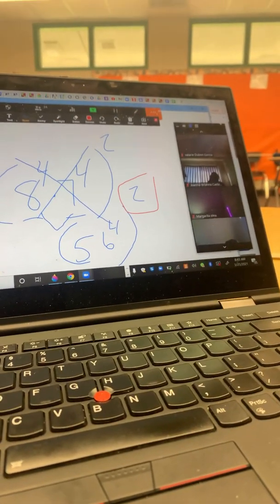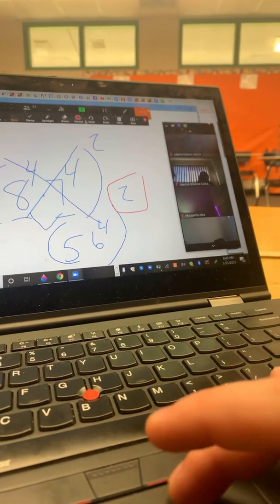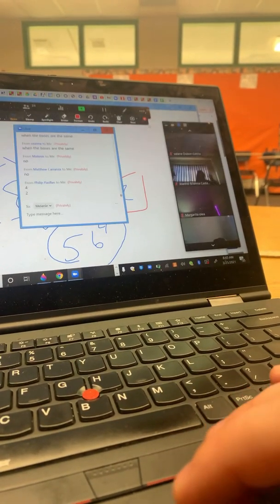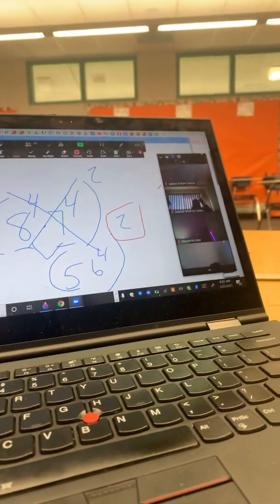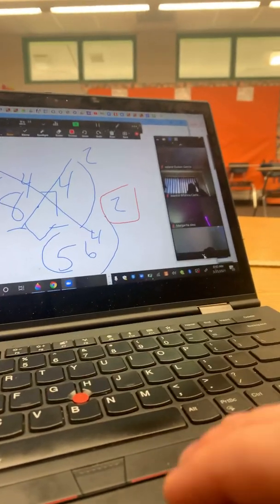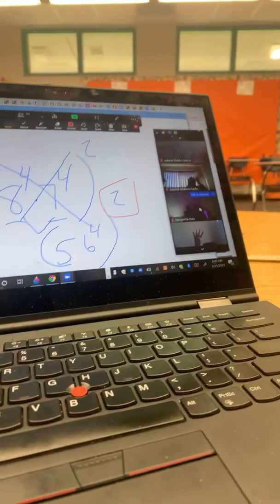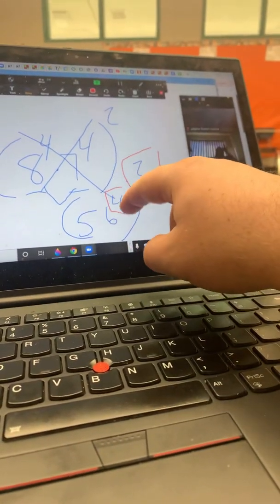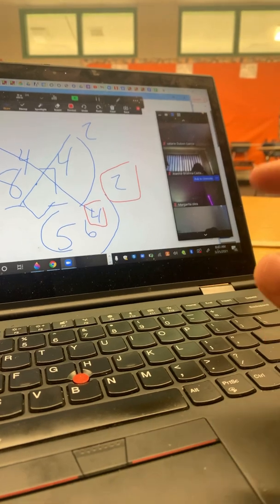How many 56s are going to be in each group? How many quarters are in $1? 4, right? So we're going to have 4 56s in each group.